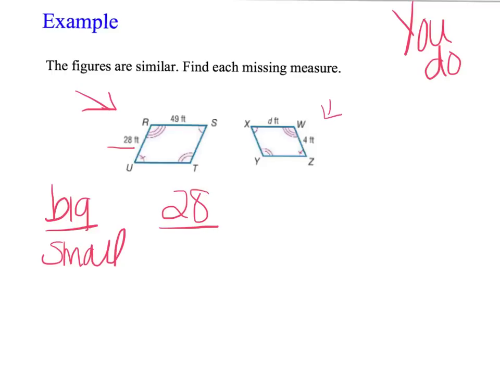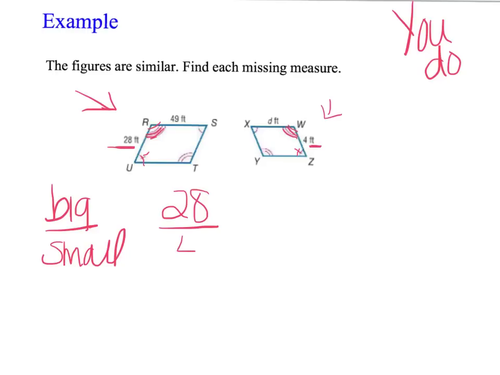So I have 3 here with R, and now over here I have W has 3. Then I've got U with this 1 and a slash through it, and Z over here has 1 with a slash through it. So the corresponding side to RU is WZ.